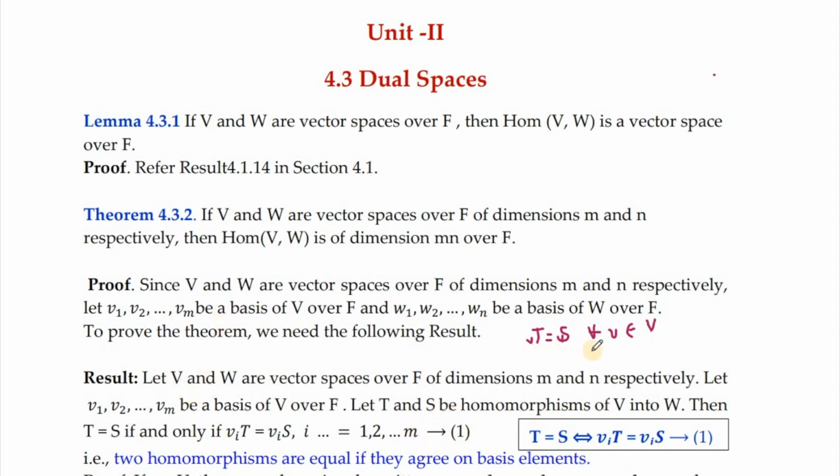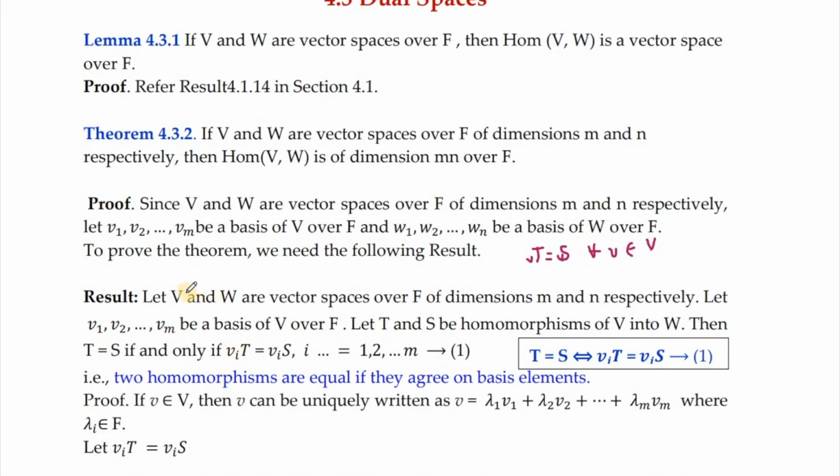So instead of considering a general element v, it is enough to consider the basis elements. If both the homomorphisms agree on the basis elements, then the homomorphisms are equal.